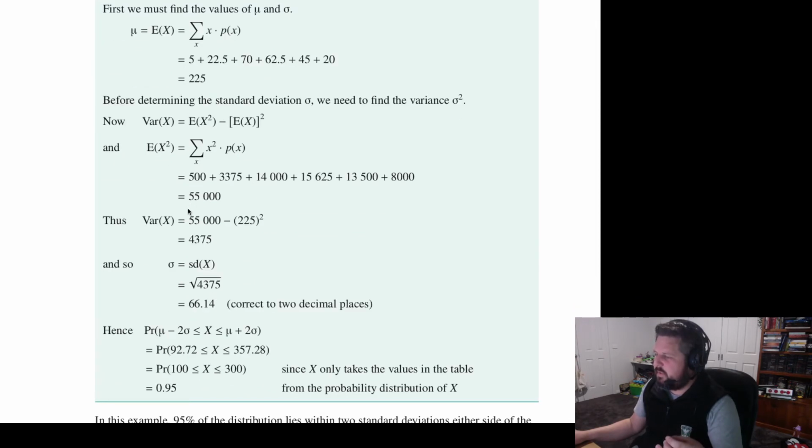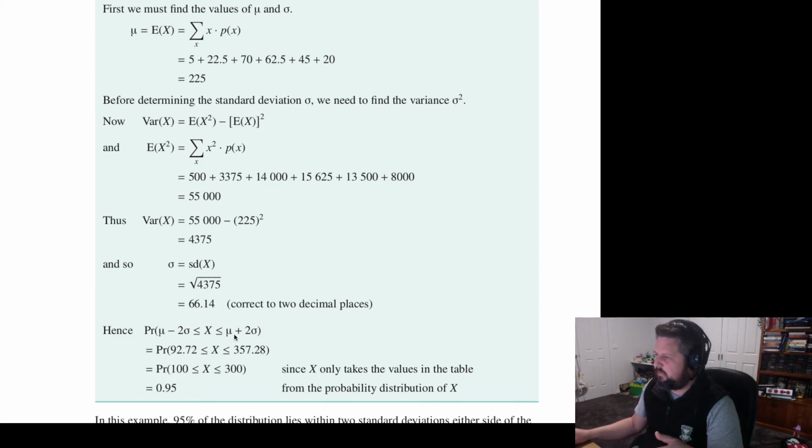Now the good news is what they were asking ultimately at the start was to see what the probabilities were that lie between those two intervals. So 2 standard deviations below the mean and 2 standard deviations above the mean. So if you have the mean value, which we worked out up here, which is 225, and you take away 2 lots of the standard deviation, so 2 lots of 66.14, you end up at 92.72.